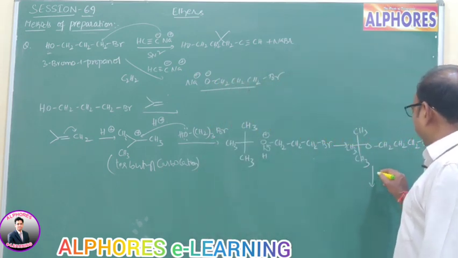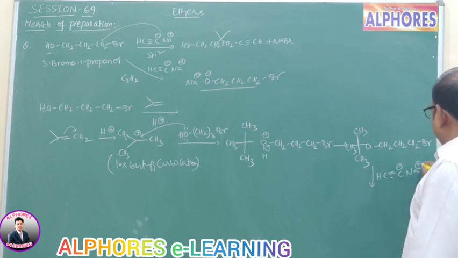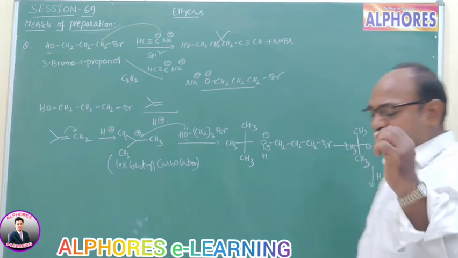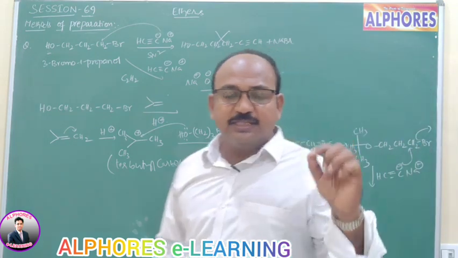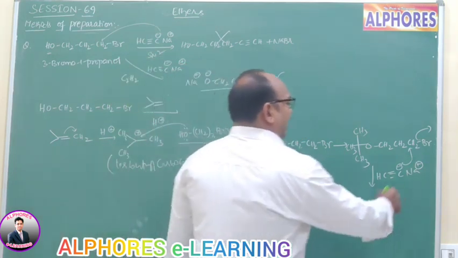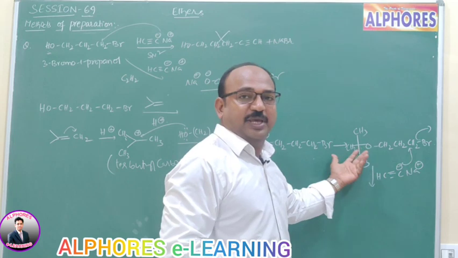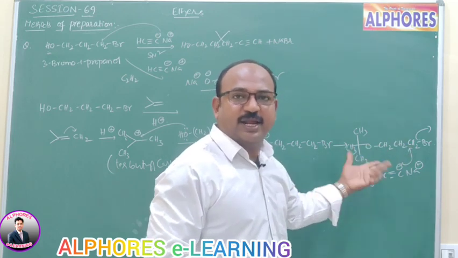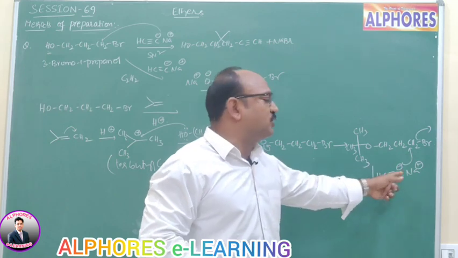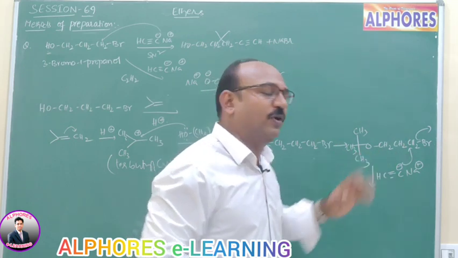Now this product upon treatment with monosodium acetylide: the C minus participates only in the SN reaction rather than acting as a base. Here there is no proton, no acidic hydrogen, so monosodium acetylide only acts as a nucleophile.